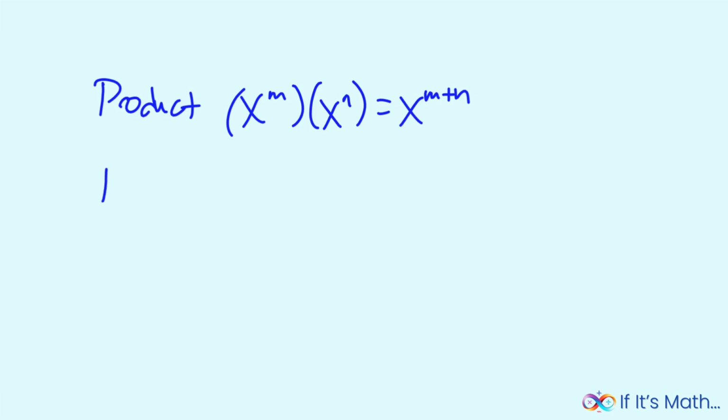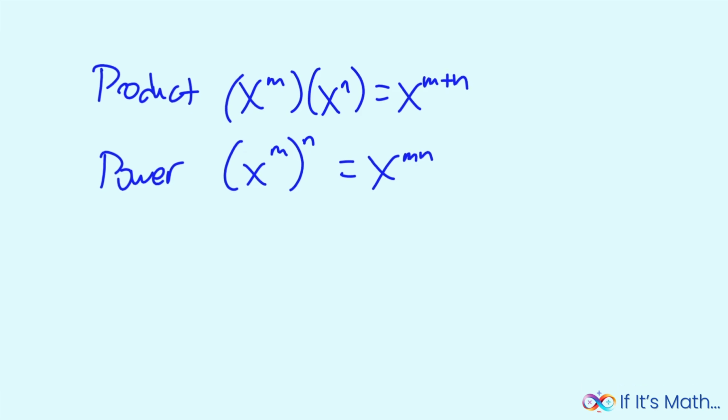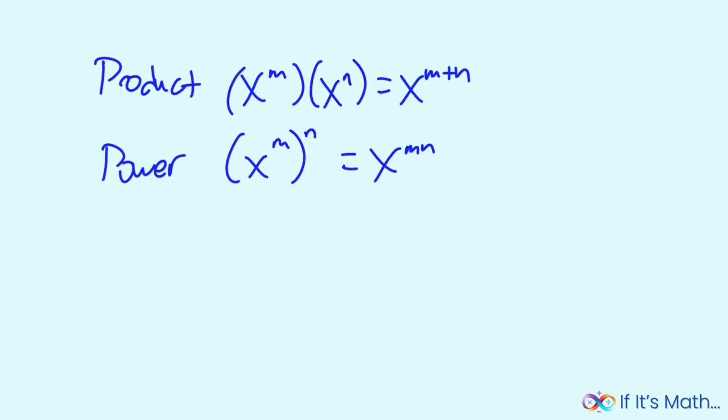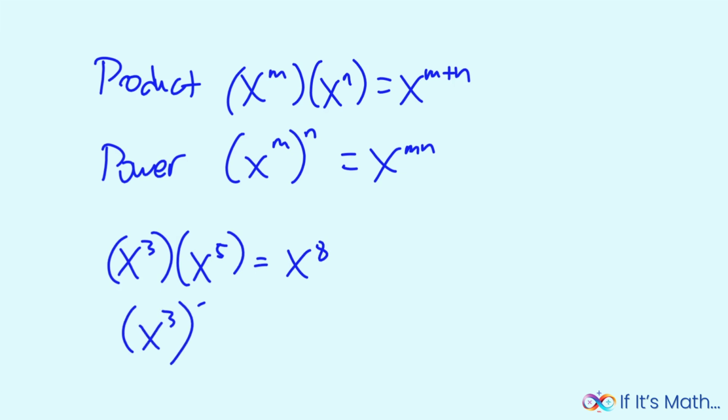But when you're looking at this power rule, it's telling us that x to the m to the n equals x to the m times n. So that's the big difference there. So if you have x to the third times x to the fifth, that is x to the eighth. But if you have x to the third to the fifth, that is x to the 15th.